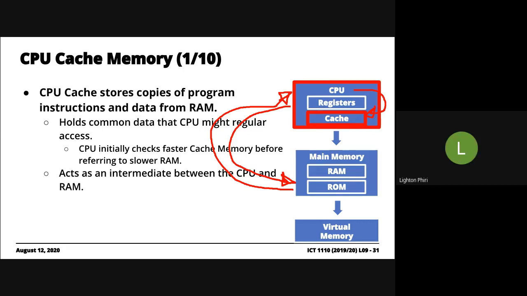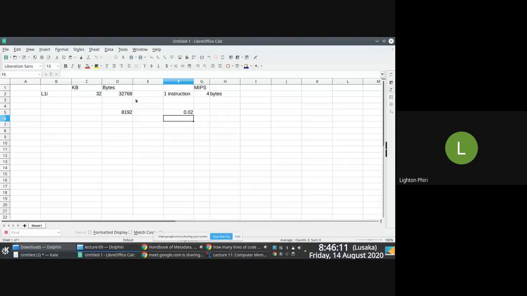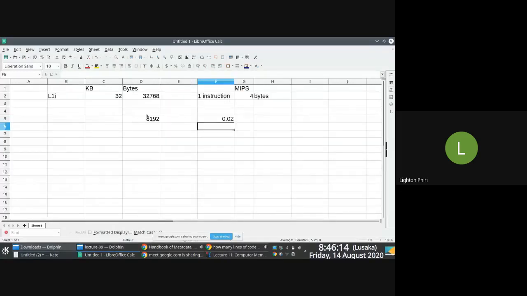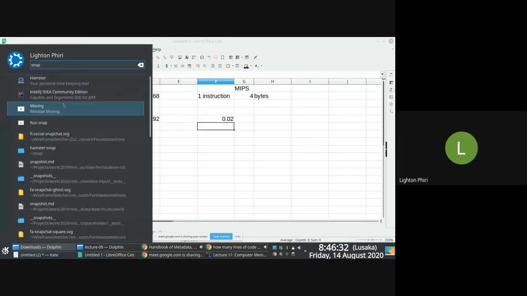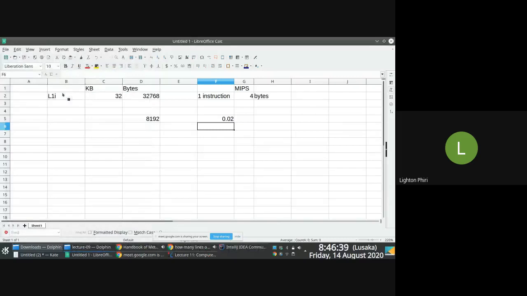No, it's not always, and it's not always because cache is limited. You have a limited amount of cache to work with, so some things that you might want to access might not be in cache. For example, I'm busy running a whole bunch of applications here. If I suddenly decide to open some very obscure application that I rarely use, I think I don't use IntelliJ, if I try to run this IDE here, the CPU will not be able to find any program instructions associated with this piece of software.